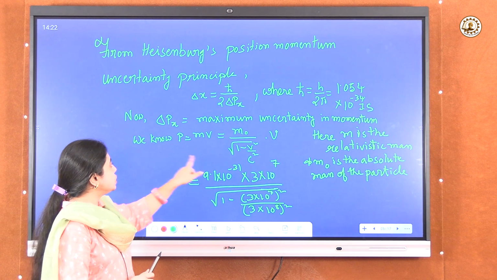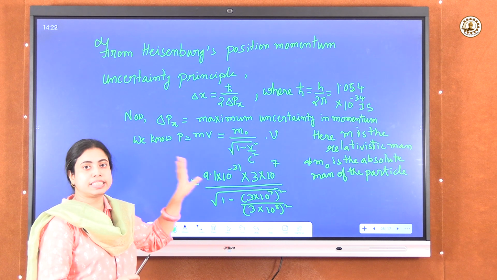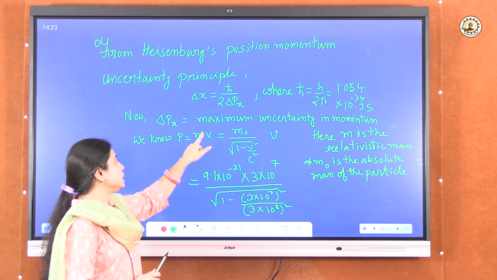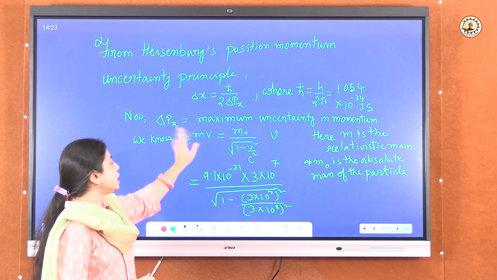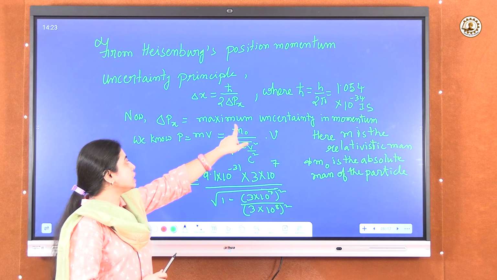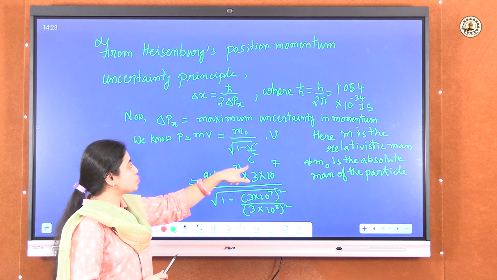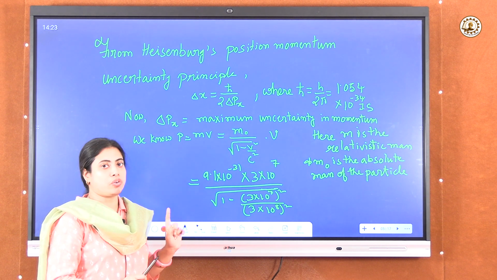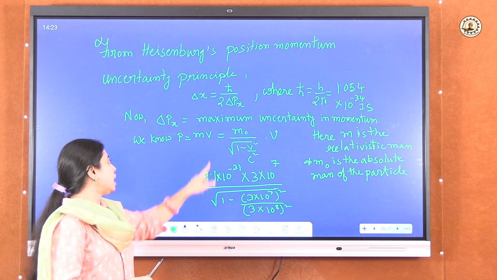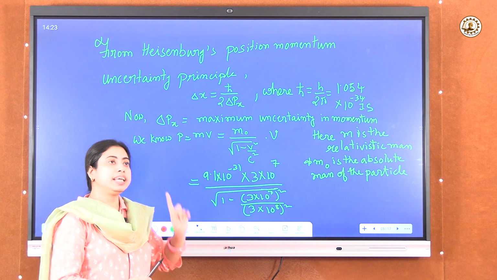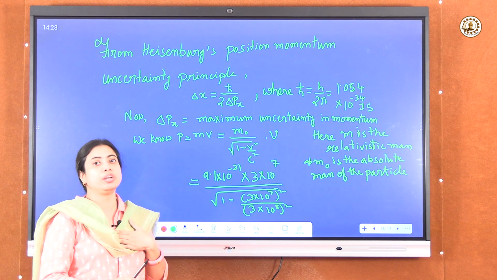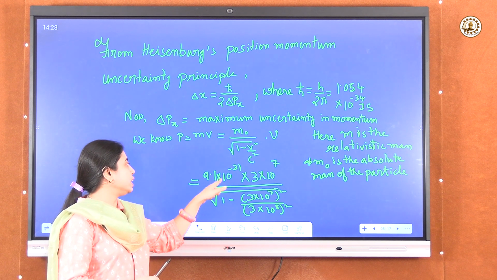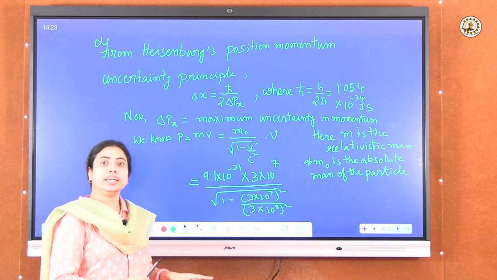Okay, now using the concept of relativistic momentum, we can write P, that is momentum, is equal to mass into velocity, where m is the relativistic mass and the value is m0 divided by the square root of 1 minus v square by c square, where m0 is the mass of the electron, non-relativistic mass. Now this m0 value is already given to us. So the value of the electron's mass is 9.1 into 10 to the power minus 31 kg.